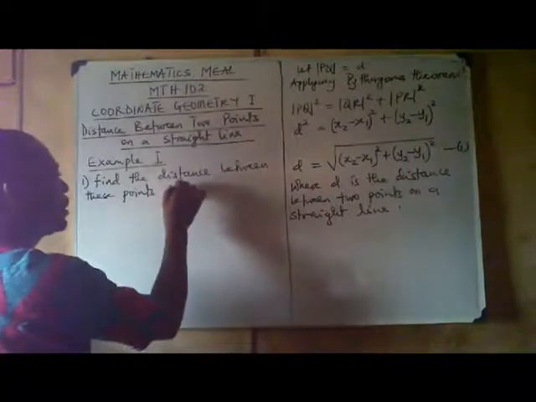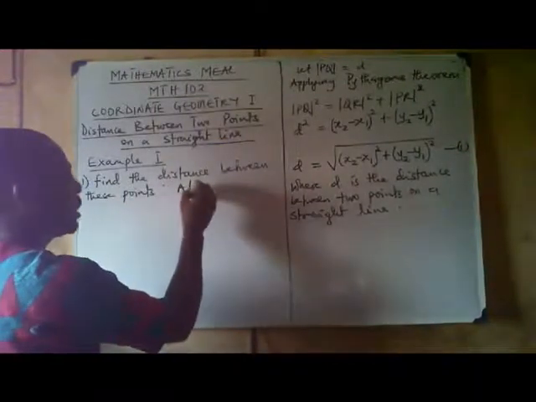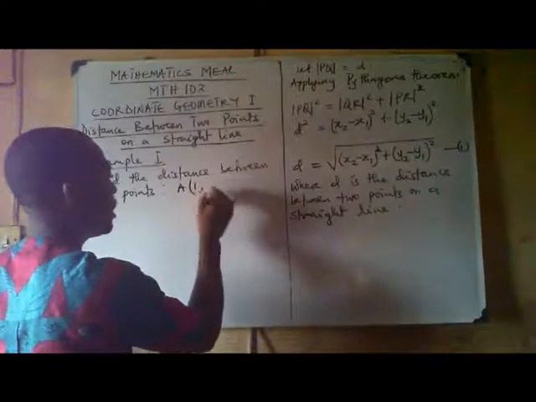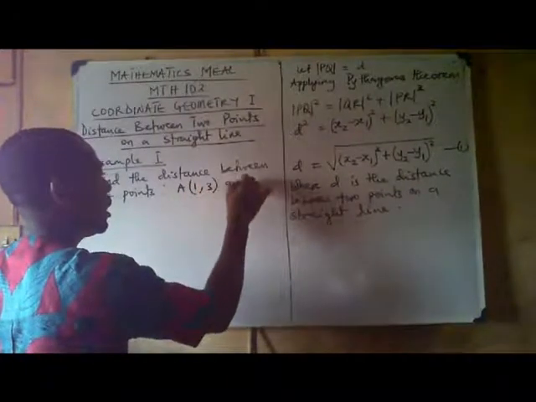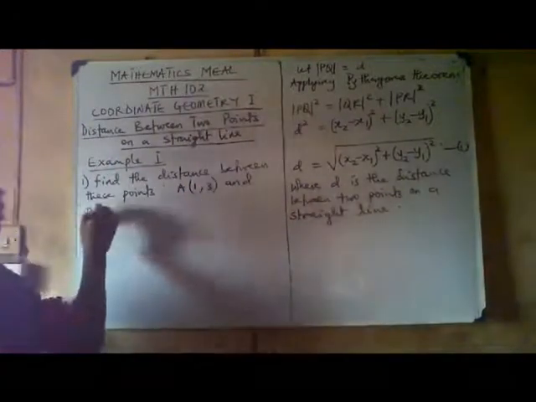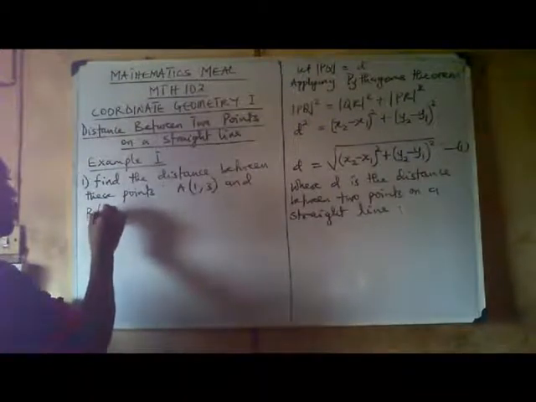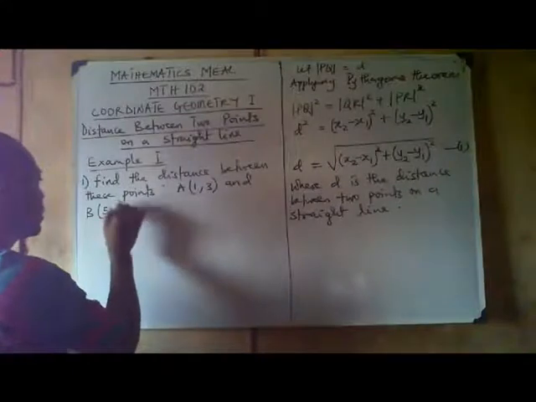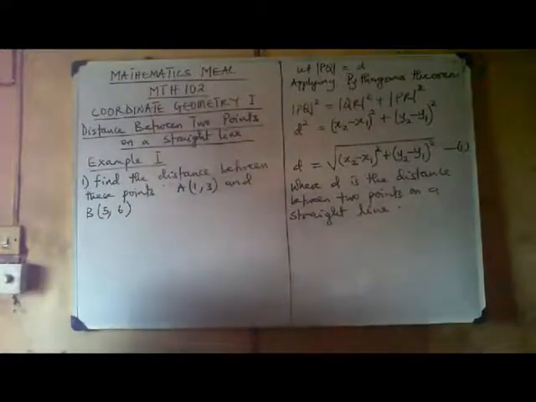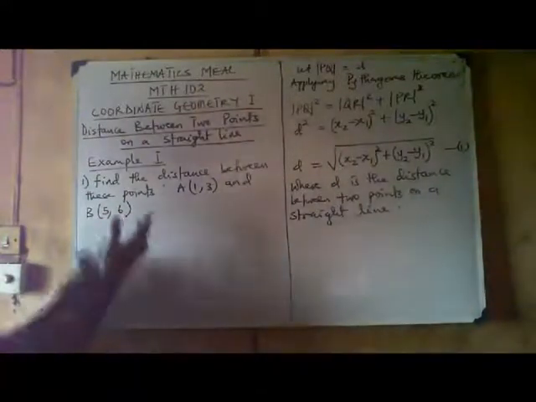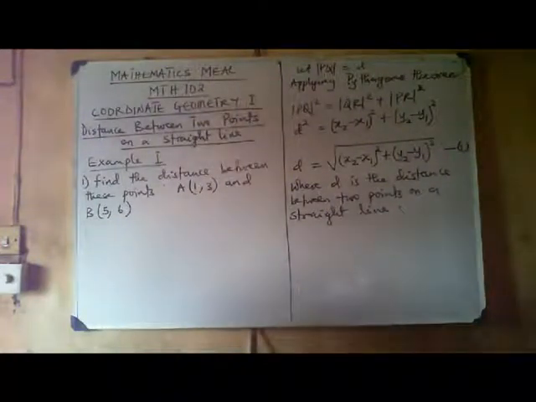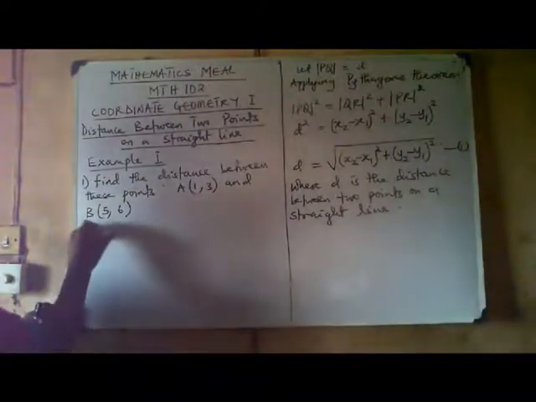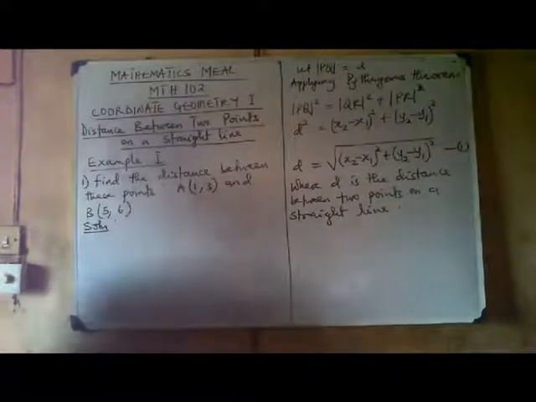What are the points? Point A consisting of 1 and 3, and point B consisting of 5 and 6. Let's say we have this and we want to find the distance between them. Okay? So let's move.